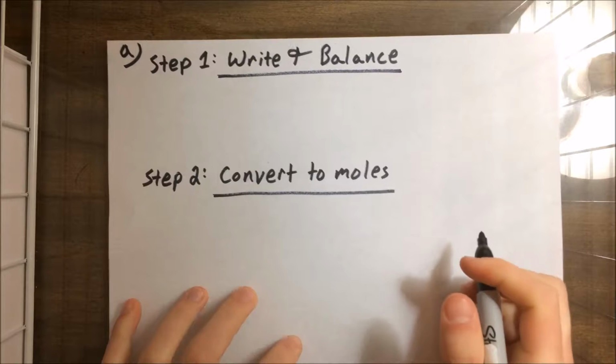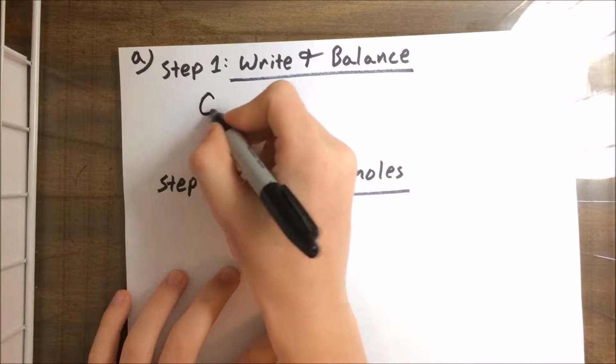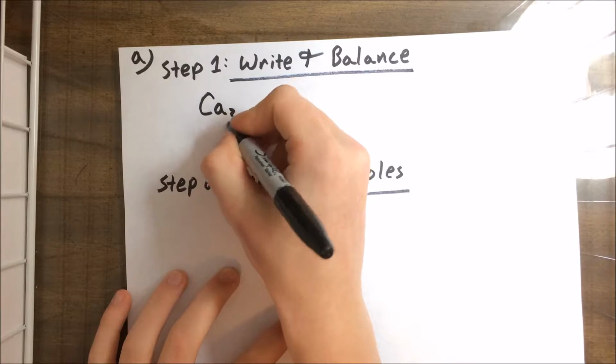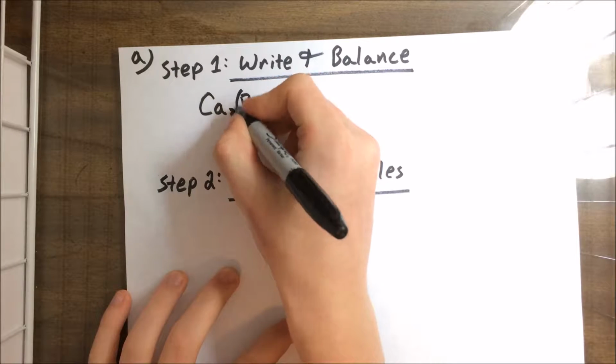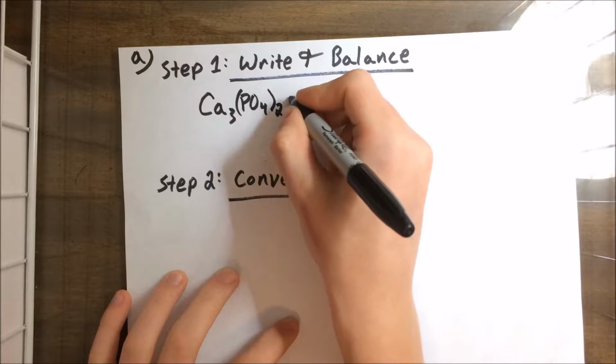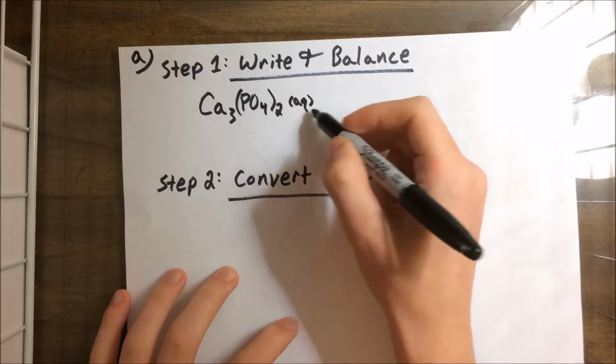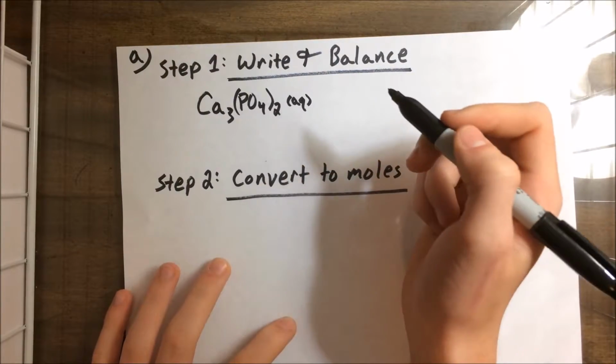So let's write the reaction first. The reaction is Ca3(PO4)2 aqueous. Don't forget to write in the state.